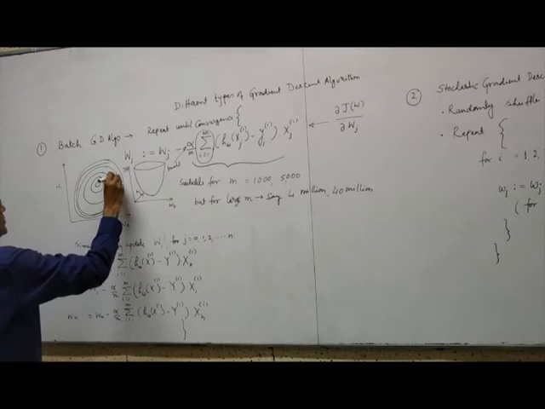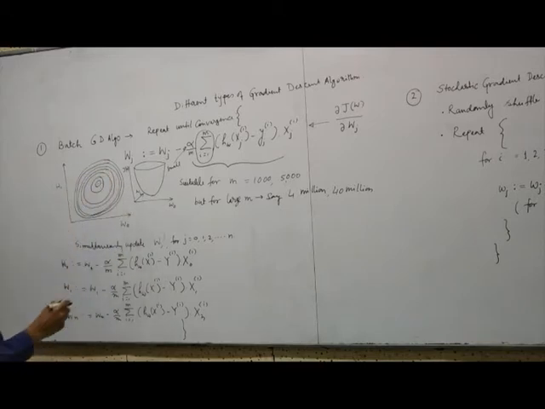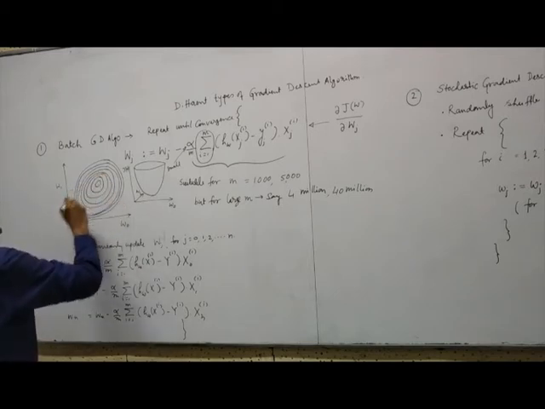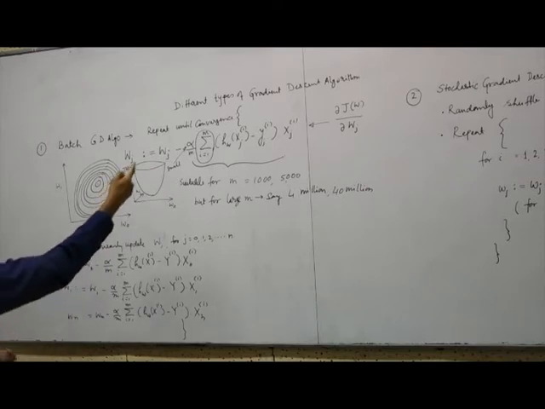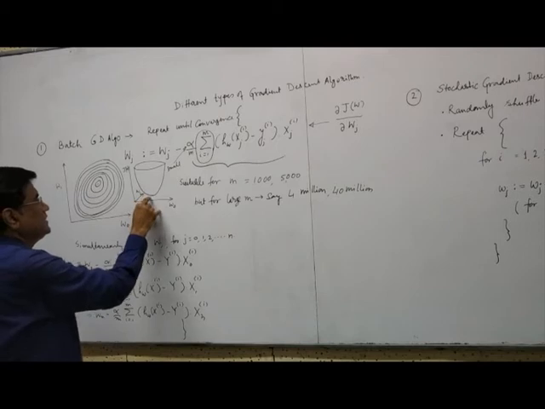So this is the contour plot. A very small alpha means a large number of steps will be required to reach here.